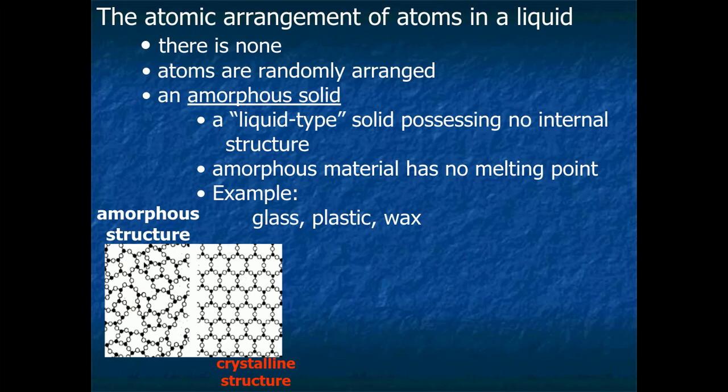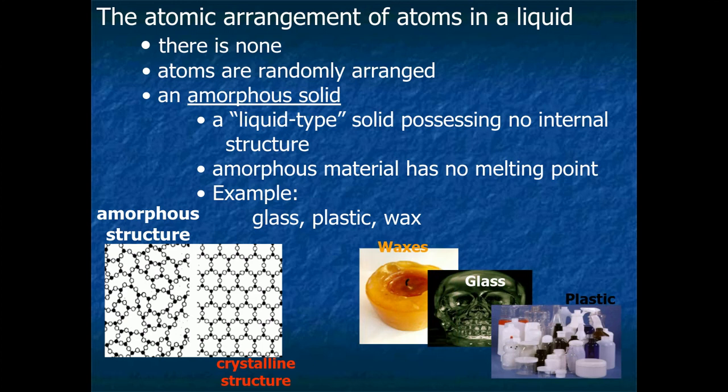And again, if you go back to the amorphous structure, applying heat, bonds really don't break. They just start moving around and it becomes a lot more mobile, hence gooey, and that would typically indicate an amorphous structure. And just in case you didn't know, on the right bottom side of your slide, there's wax, glass, and plastic.